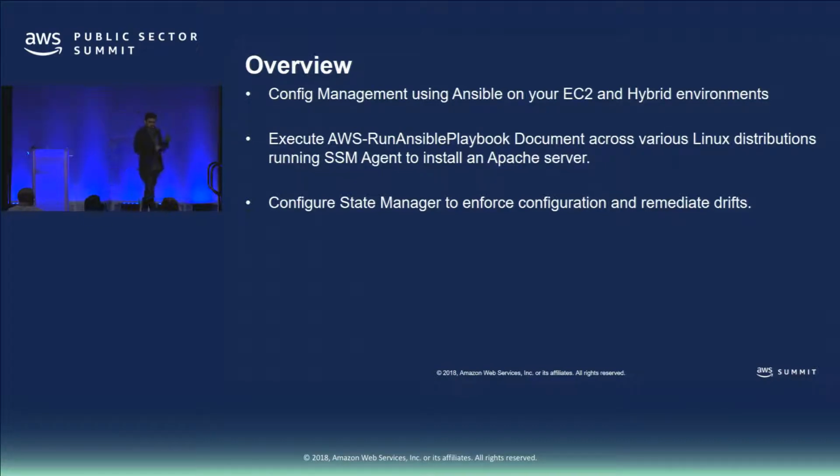That is going to install an Apache server on various Linux distributions, such as Red Hat and Amazon Linux. These instances will be running the SSM, Systems Manager, agent. And then State Manager is going to enforce the configuration, and it will also prevent any drift that happens out of band.